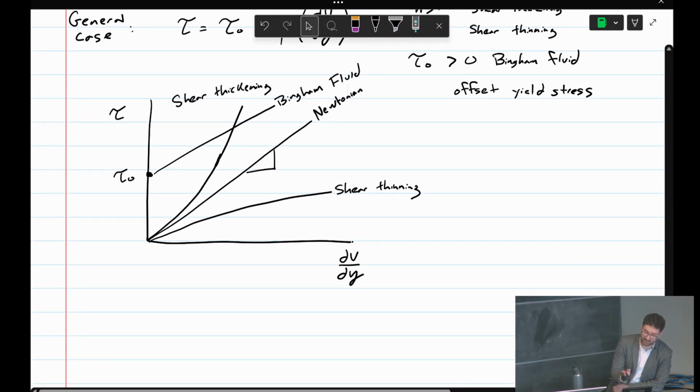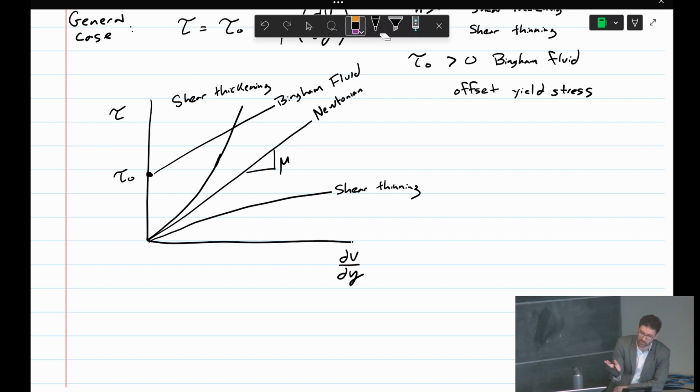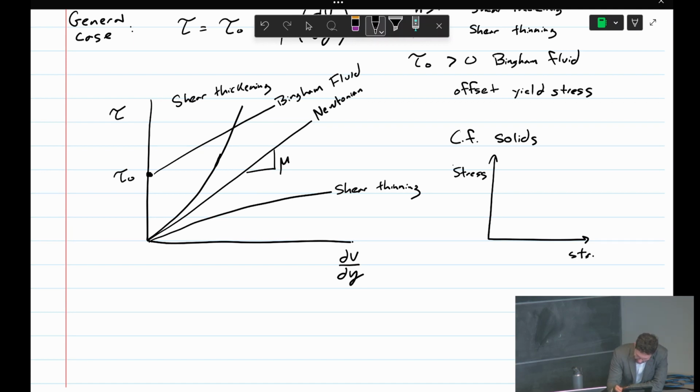Again, the slope of the linear profile for the Newtonian fluid is mu. So that tells us the slope of that profile. For example, honey and water will have different slopes. And you can compare this plot of stress versus strain to solids. So remember you have a stress strain plot, assuming you're in the elastic region, the slope of that line is the elastic modulus.